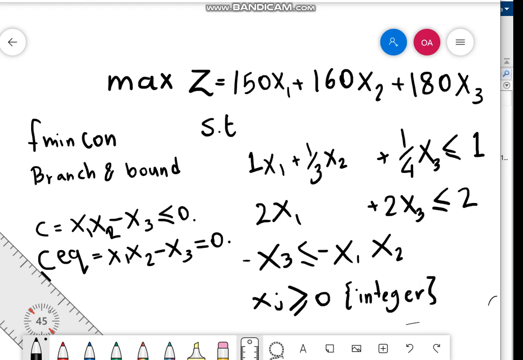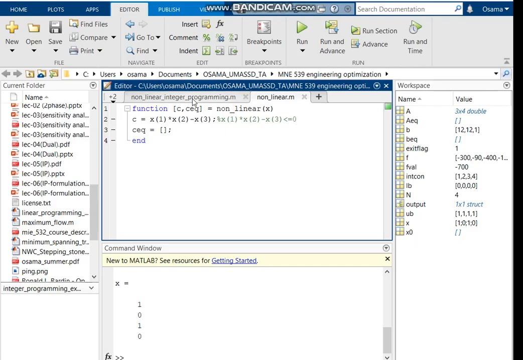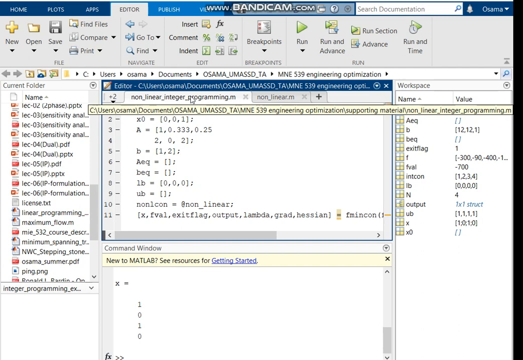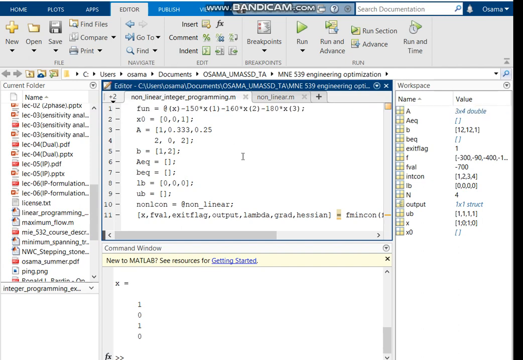So the first thing is you make a script for fmincon, which is very similar to linprog and intlinprog. You define your function. Basically fmincon uses minimization like linprog, so here you switch it into minus 150 by x1 minus 160 by x2 minus 180 by x3.